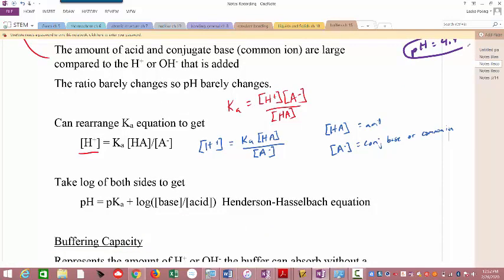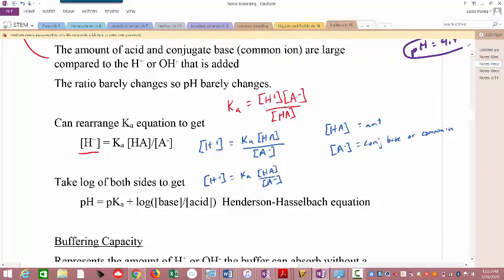If we take the log of both sides, we get pH equals pKa, because we separate that out. Okay, so pH equals pKa plus the log of the base over the acid.